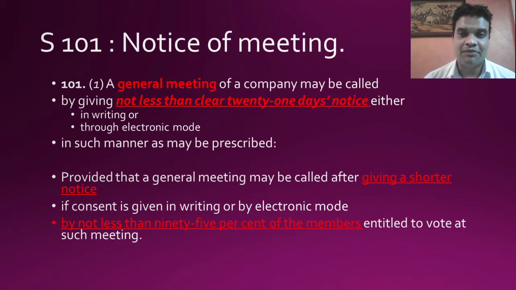Of course, there's a proviso to this that a general meeting may be called after giving a shorter notice period if consent is given either in writing or by electronic means by not less than 95% of the members entitled to vote at such meeting.